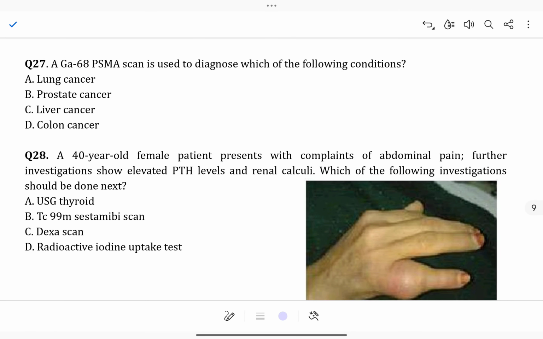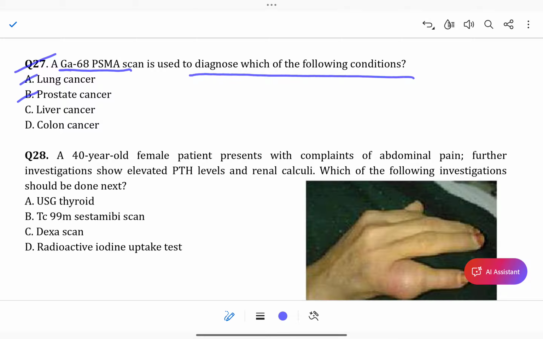That is question 27. Ga-68 PSMA scan is used to diagnose which of the following conditions? A, lung cancer. B, prostate cancer.